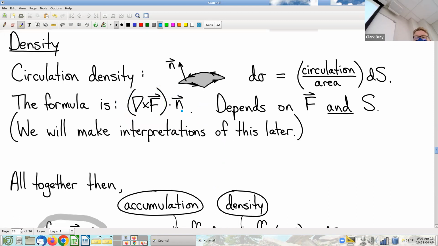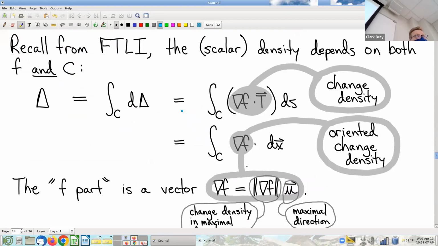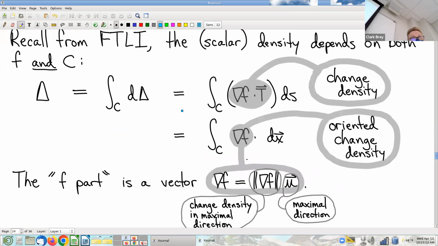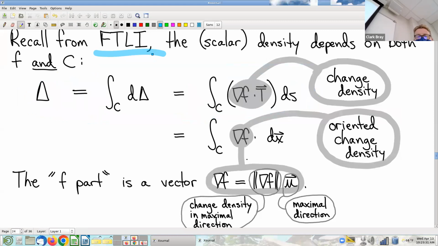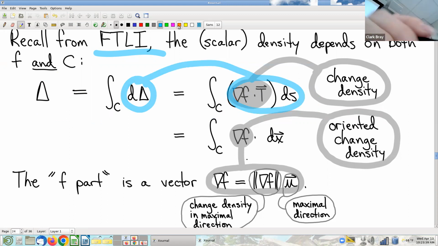So what I want to start with is to point out that this is actually a situation we've seen before. I addressed it quickly because I knew I was going to be coming back to do it again for exactly this reason. So now I want to give this a more thorough treatment. We saw this when we were talking about the fundamental theorem of line integrals. Here's the first version that you write down of the fundamental theorem of line integrals, because if you want to talk about the density that allows you to compute change from size, well, here's change, here's size.